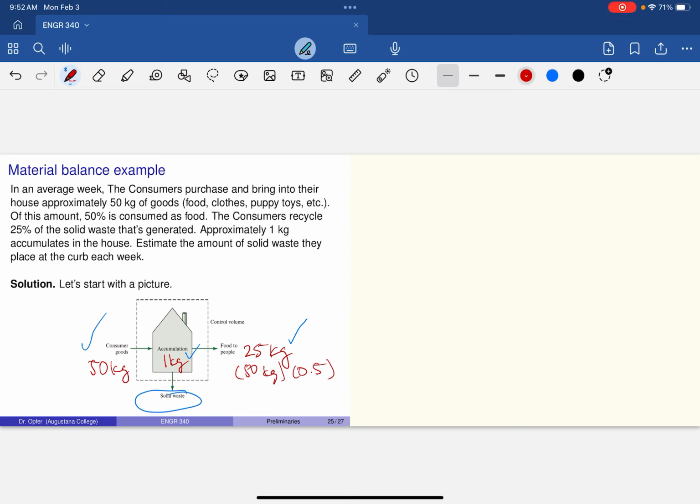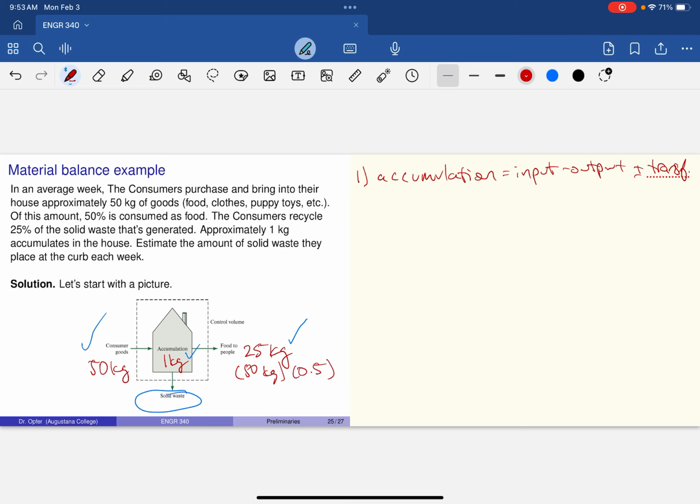Okay, so we've got our picture of our control volume, which is the house. And now we can write our material balance governing equation: accumulation is equal to input minus output plus or minus transformations.